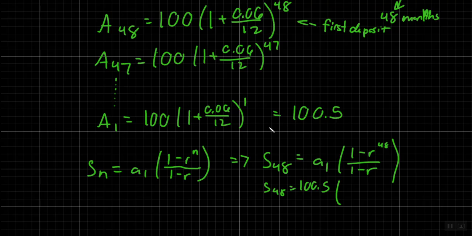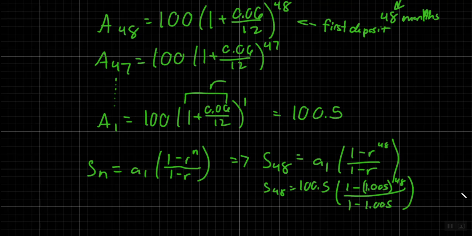Take everything inside. That's the rate. This whole thing is r. So I have 1 minus... What's the rate? 1.005. Okay, that's over 48. 1 minus 1.005. Boom.